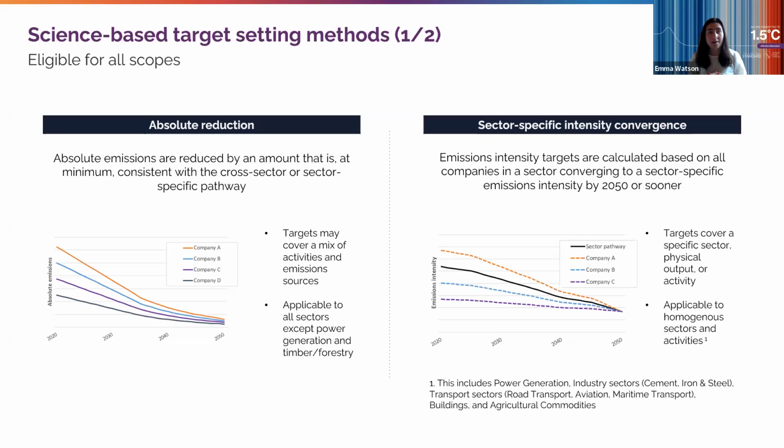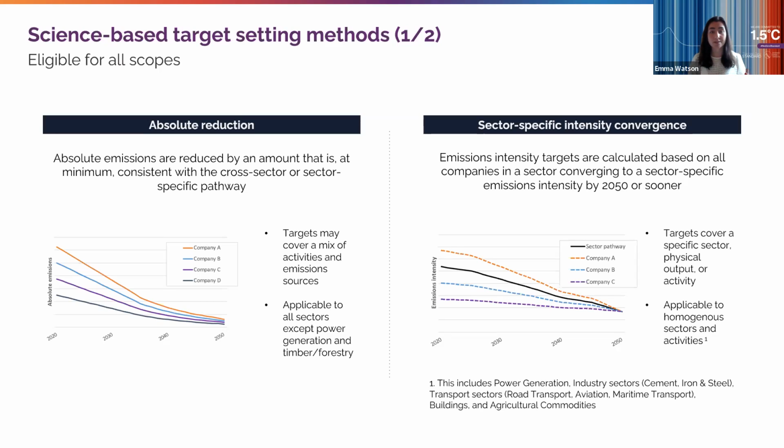The second method that is applicable for all scopes is the sector-specific intensity convergence approach. So essentially, emission intensity targets are calculated on an emissions intensity basis. So that could be emissions per ton of steel, emissions per kilowatt hour, using a metric like that.